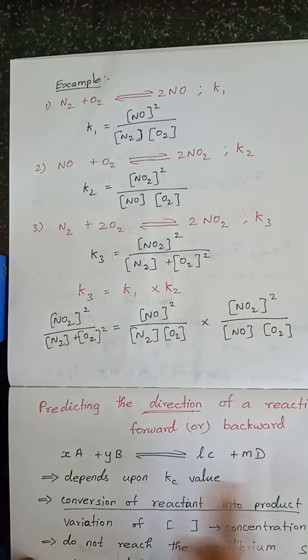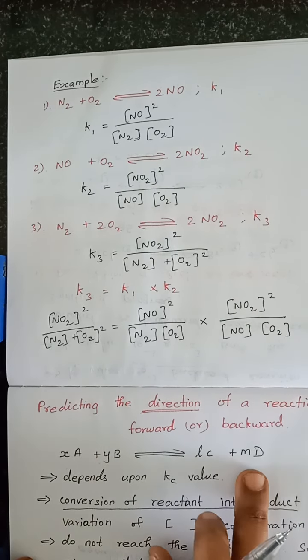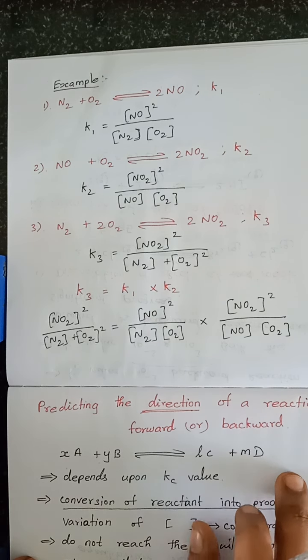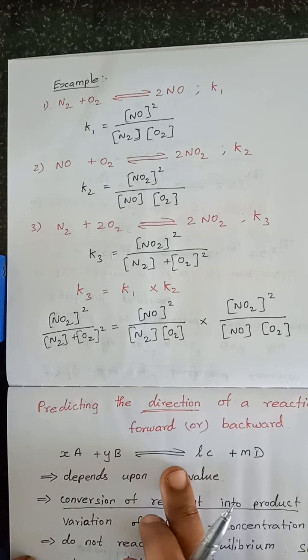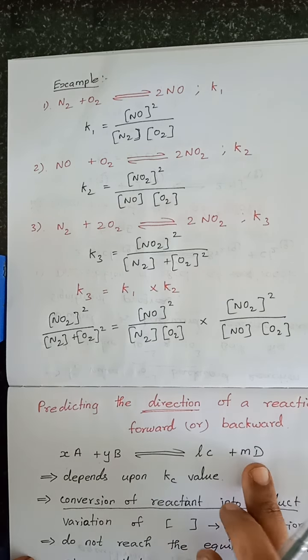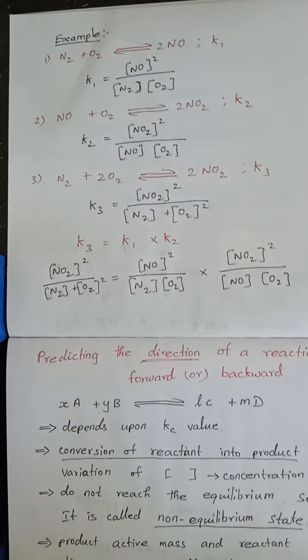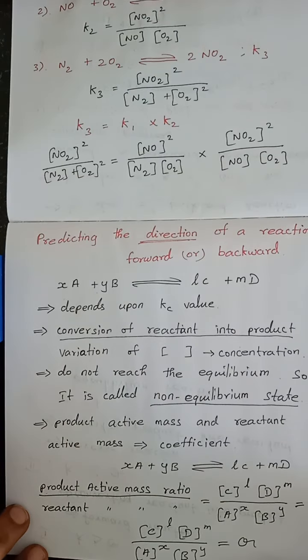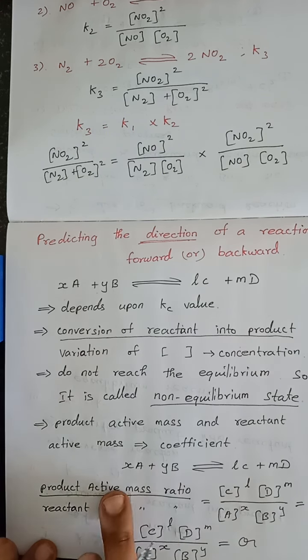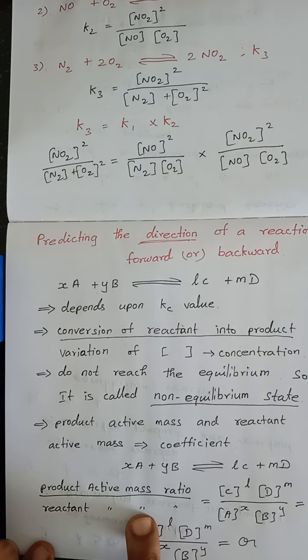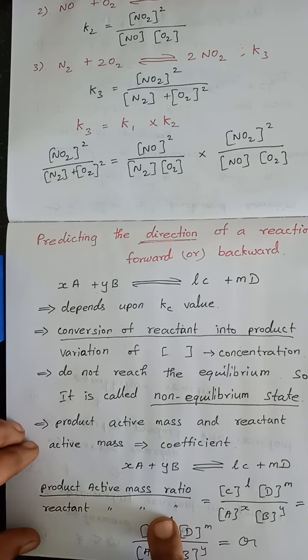First you write the general homogeneous reaction, xA plus yB forming lC plus mD. This reaction depends upon the Kc value. Then you write the Q value, which is the product divided by the reactant, that is, the product active mass ratio divided by the reactant active mass ratio.